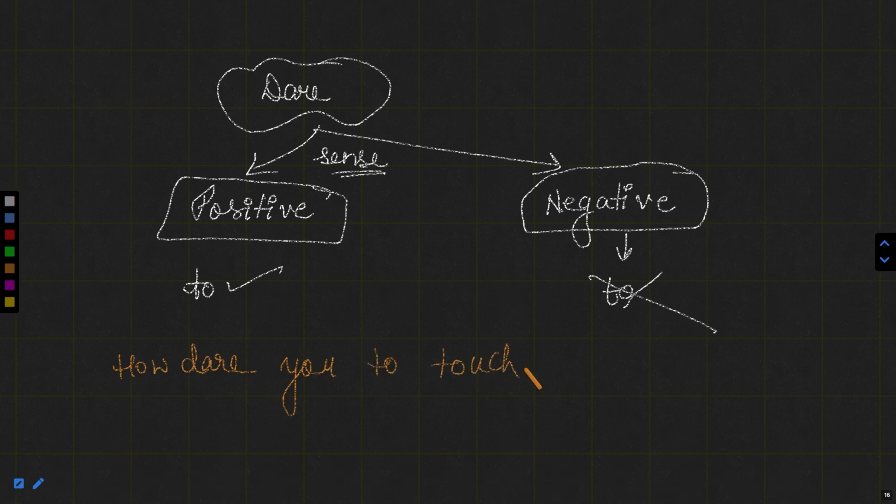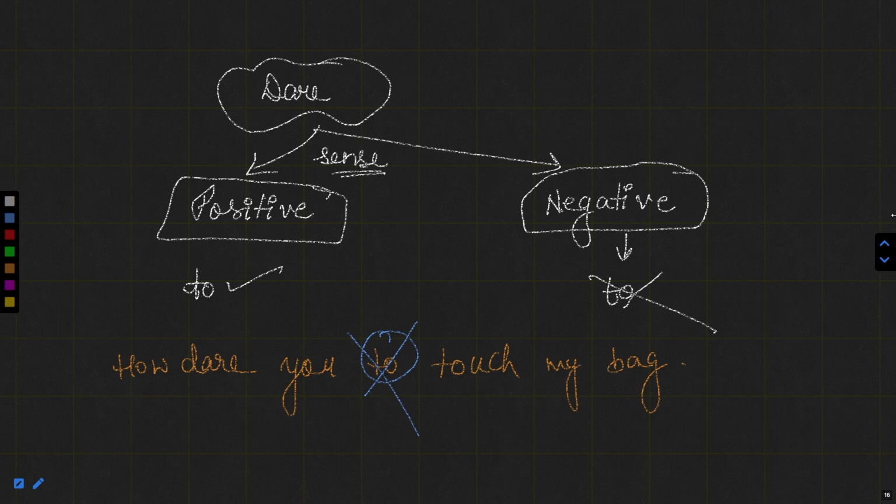Of course, the sentence is negative, I'm saying, how dare you? So I cannot add to over here. The correct sentence will be, how dare you touch my bag? It means I'm very angry, and I'm saying that it is not your business. This will be the correct sentence.